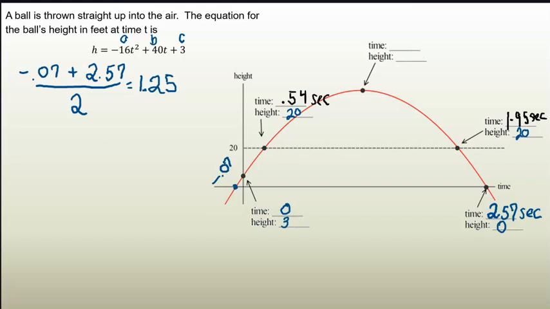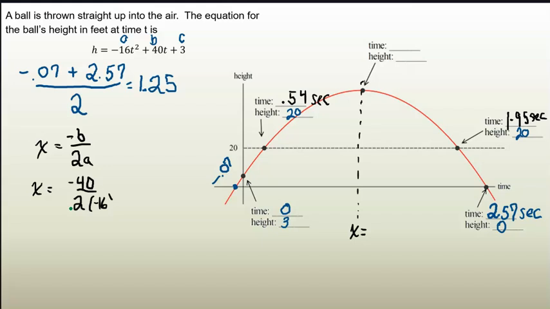So let's take a look at the other method. The other method finds the x value for the axis of symmetry, which is, in most quadratics, an x line. So x equals some kind of line here. And the formula for that is negative b divided by 2a. So I could once again plug into these letters and get the answer.